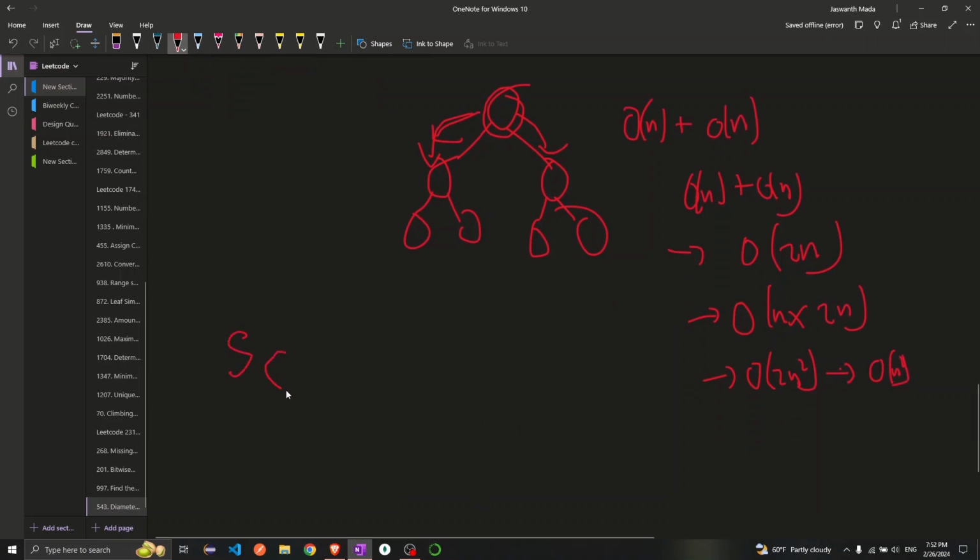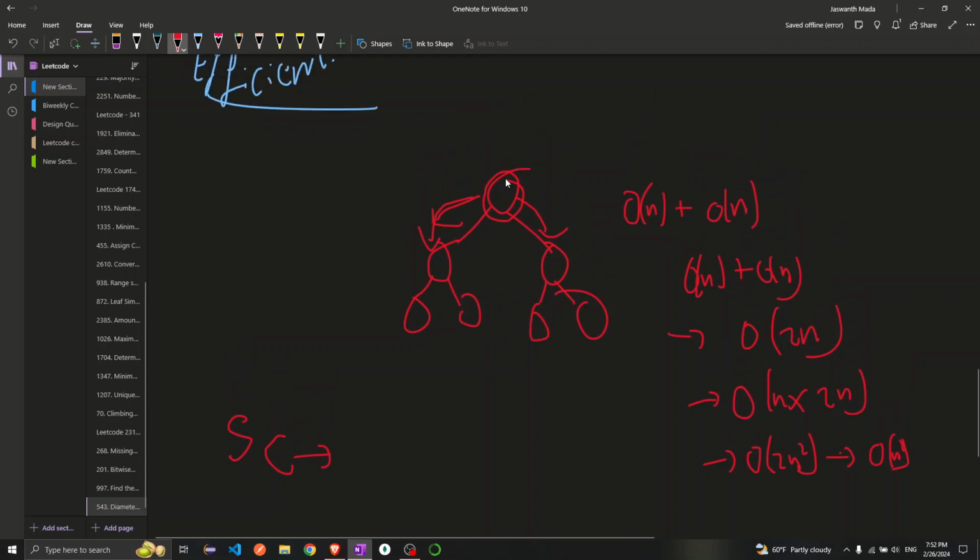When it comes to space complexity, suppose I'm going to this node; I'll store this root node in my stack. Then from here, I'm going to here, and I'm again going to store this in my stack in order to get back to it again.